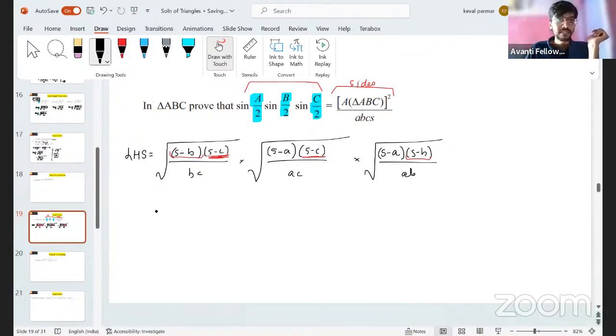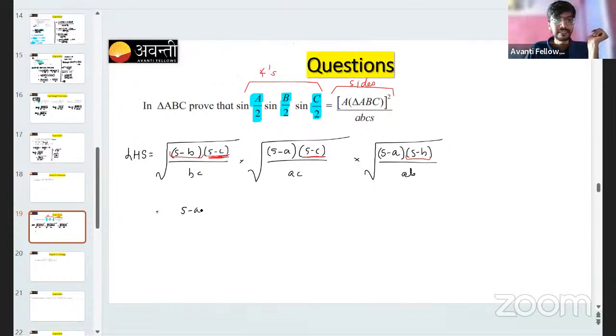So let me tell you what I'll get. I'll get the under root of the square of S minus A into S minus B into S minus C. So under root and square will get cancelled. Similarly, below I will get A, B, C, A square, B square, C square. But what will happen under the root? Cancel.